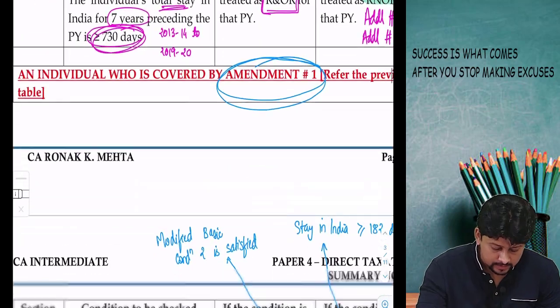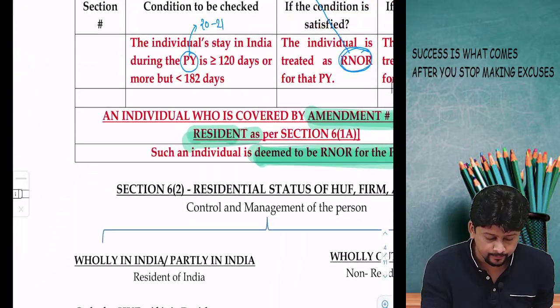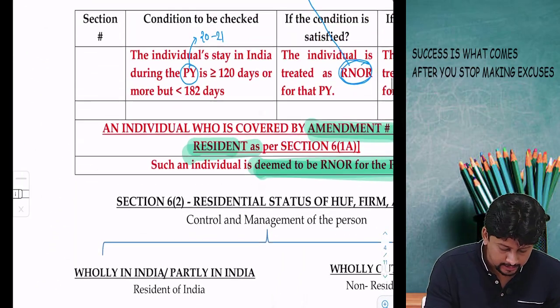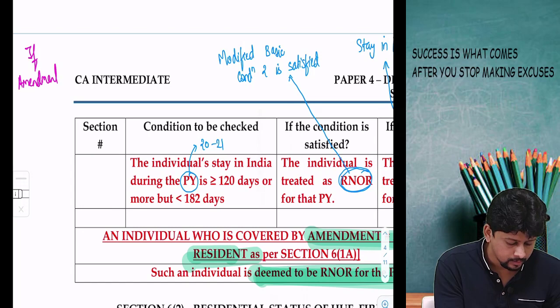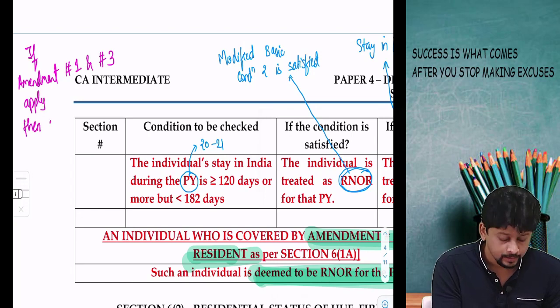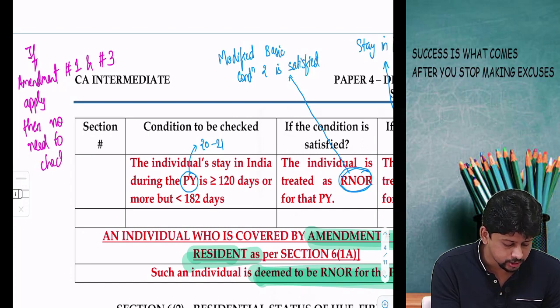That also means, now I think you can understand, that if amendment number 1 and amendment number 3 apply, then there is no need to check these additional conditions.